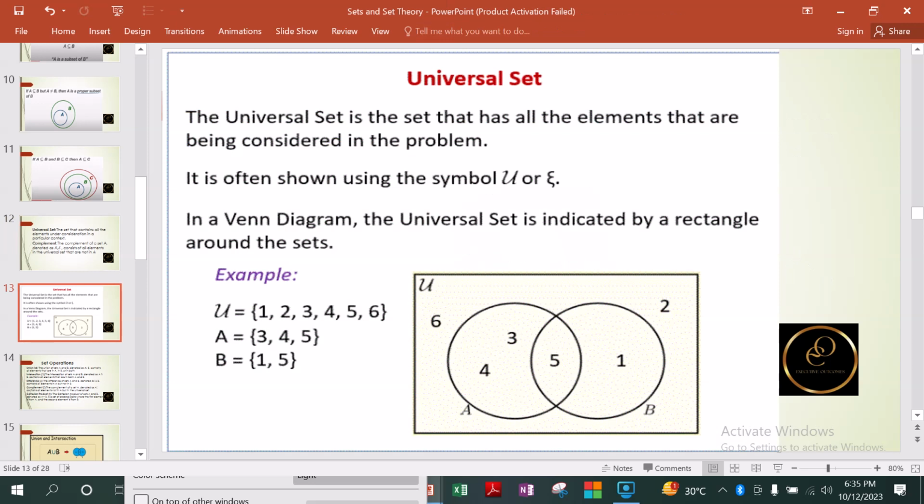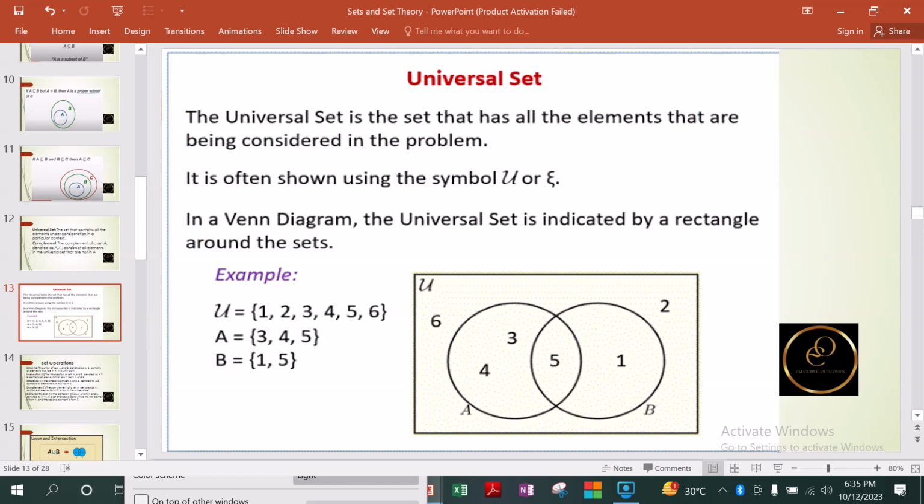Okay, so we look at the universal set in more detail. A universal set is a set that has all elements that are being considered in a problem. If you are talking about, for instance, a research, you could have taken your interest area, and all those areas that can be taken into consideration will be taken to be a universal set.